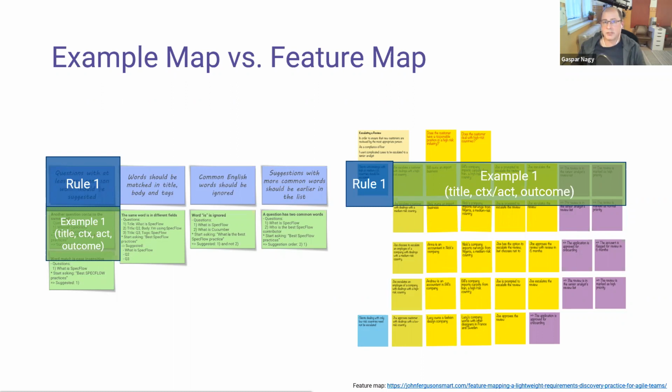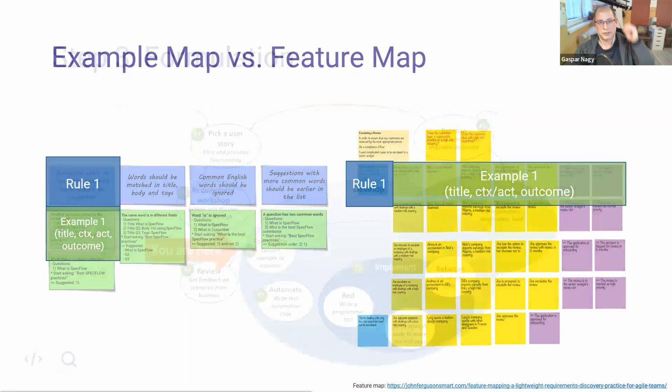And maybe it's also dependent on the story, whether you need this to separate the different steps. Then maybe feature mapping would be more beneficial. If the steps are more simple themselves, then example mapping would be fine. That's your choice. Both of them are great techniques. So that's where we are.